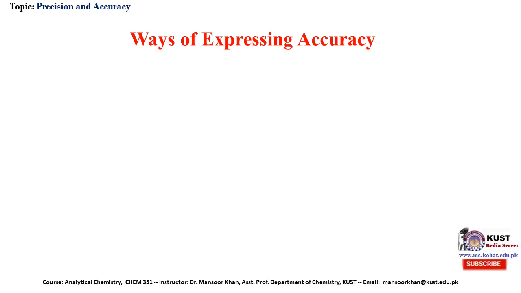Now the first topic is ways of expression of accuracy, or we simply can say measurement of accuracy. We will discuss how accuracy can be measured. It will explain how two results are compared based on accuracy.